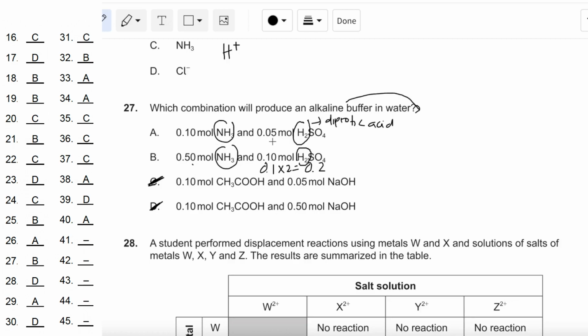What about here? 0.05 times 2, it would be 0.1. So 0.1 and 0.1, the weak base is not in excess, but here the weak base is in excess because 0.5 is bigger than 0.2. The answer will be B.